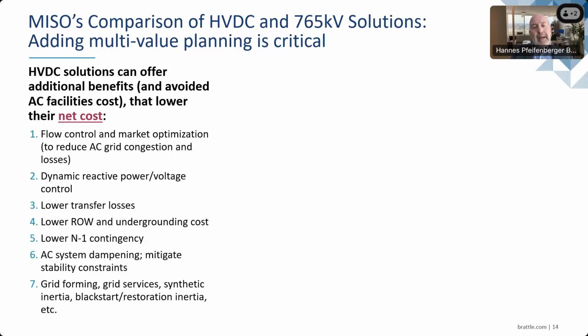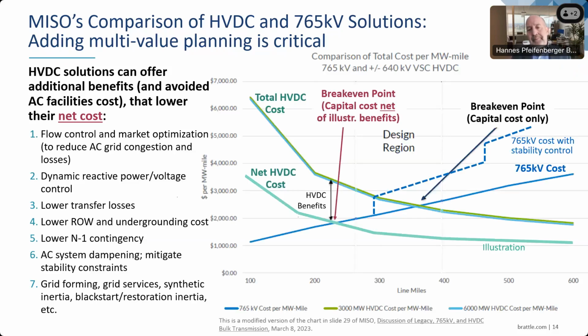If you compare the HVDC solution with, say, a regular AC solution, as MISO has done when they compared 765 kV AC lines with HVDC lines, they found that as the miles of line increase, the cost of the AC solution increases while the cost of the DC solution decreases, as you see with this line here.